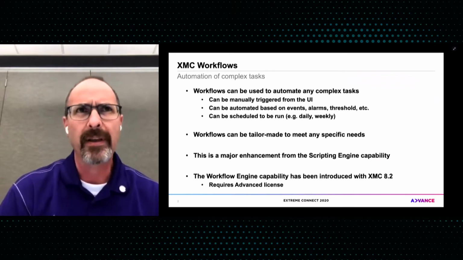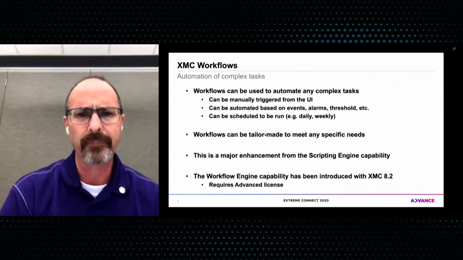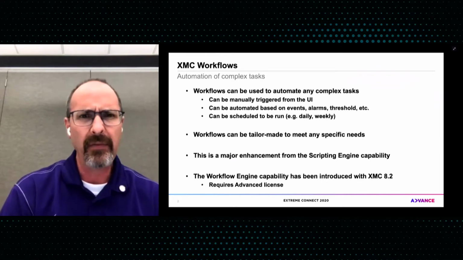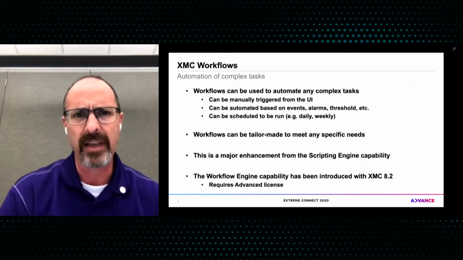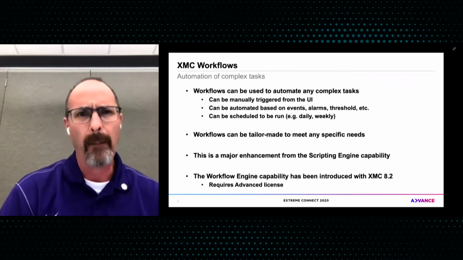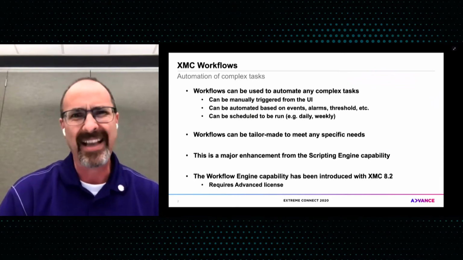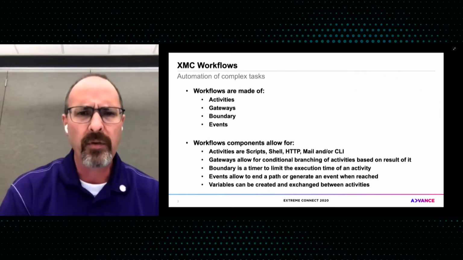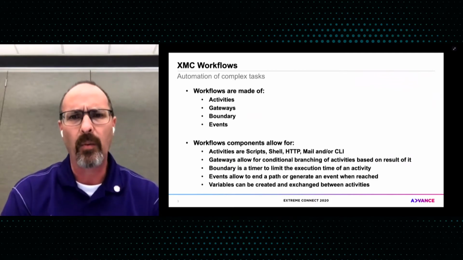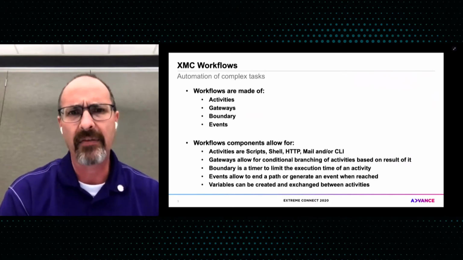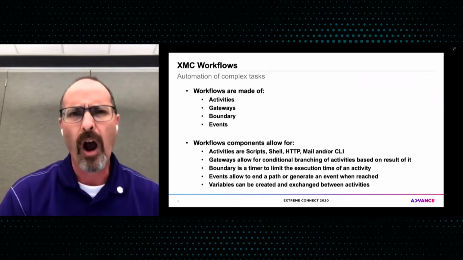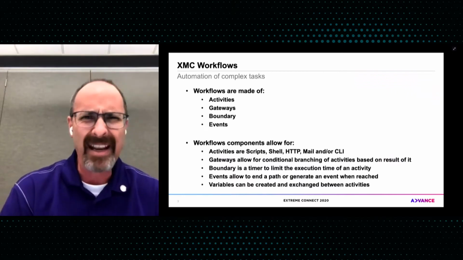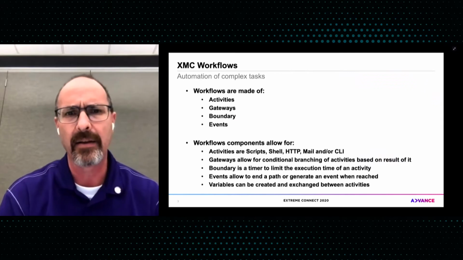Because workflows is this graphical automation environment, you can take an existing IT task, break it down into individual steps, and then take those individual steps and one by one map those to what's referred to in workflows as an activity. Once you've mapped those to activities, you can graphically link those activities together to form a more complex automation tool, a tool that would be suitable for automating a manual or time-consuming IT task.